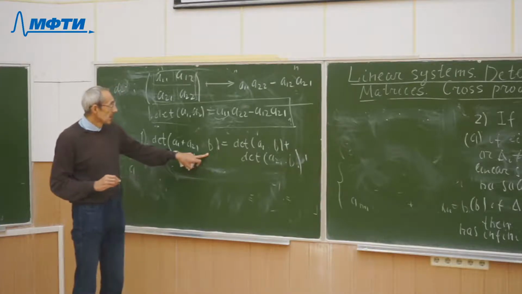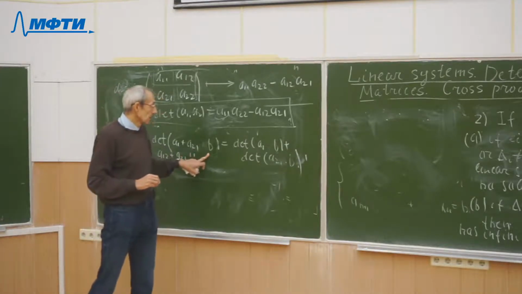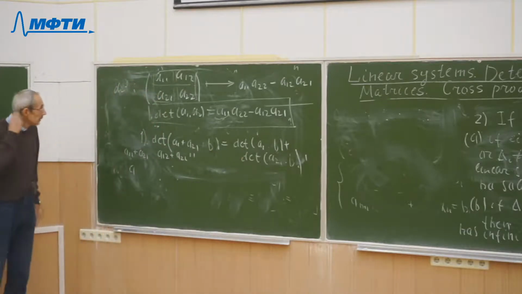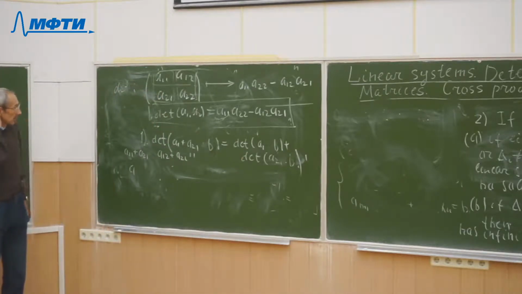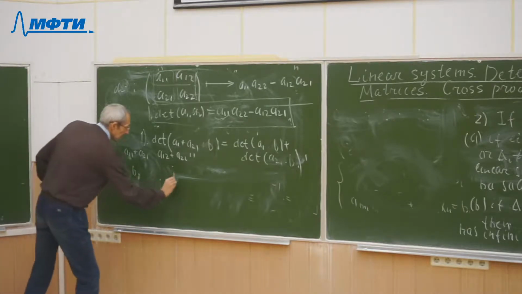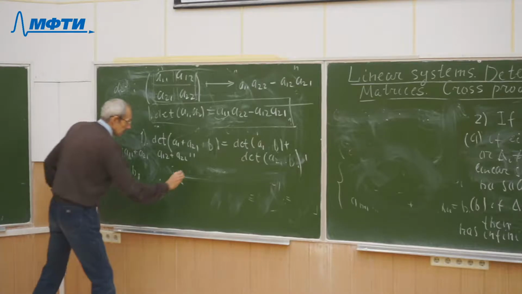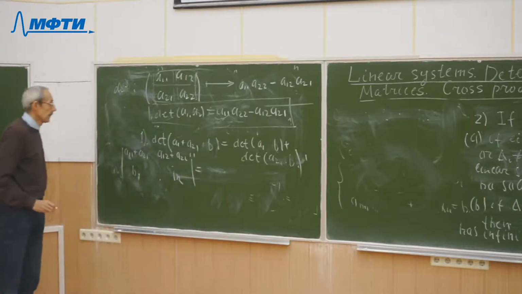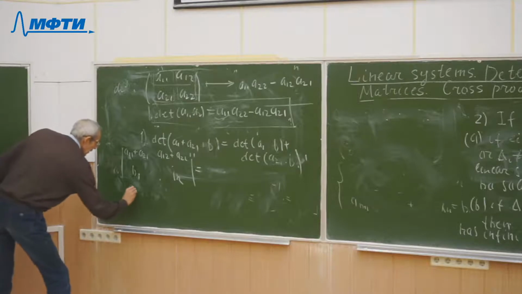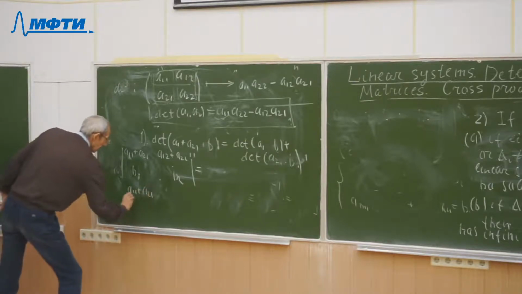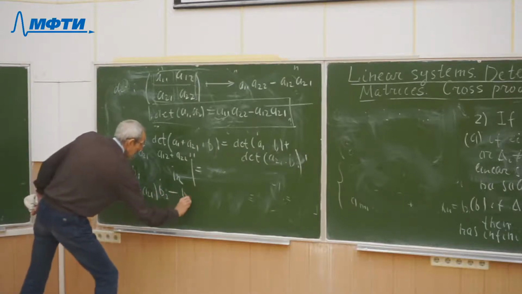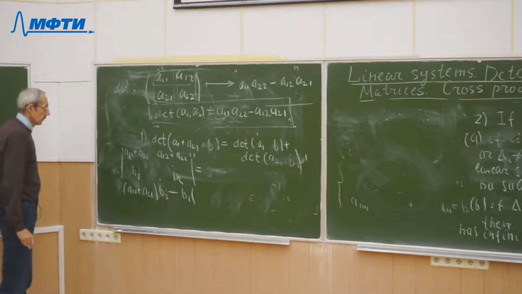And in the definition of our determinant, the second row we will denote by B, with entries B1, B2, and after a simple calculation we obtain the following expression.